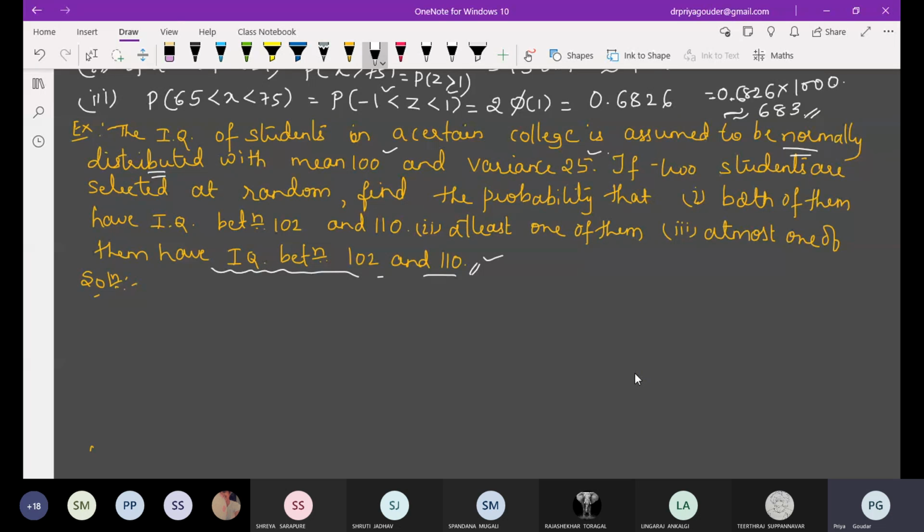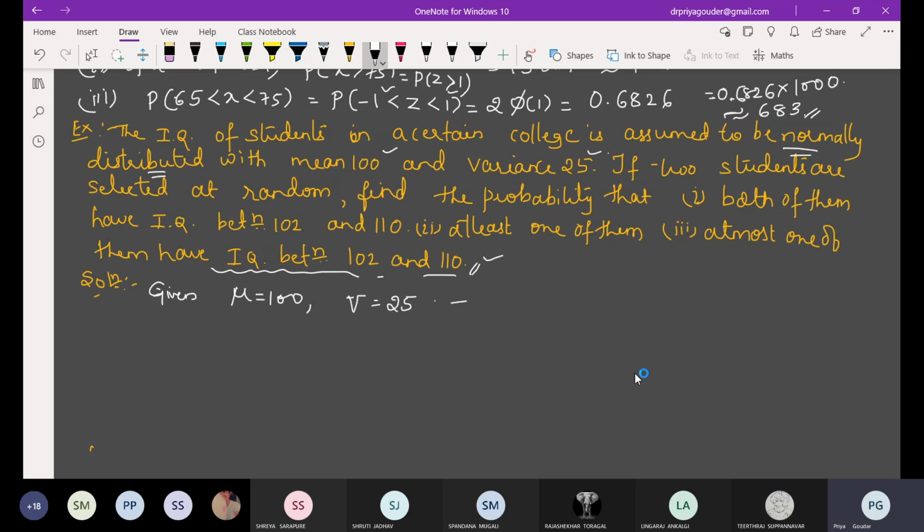So first what is to be applied is, as usual, normal distribution. Write down. Tell me what is the first thing given? What is 100 representing? Mu is 100. And 25 is representing variance. Very important. So what is required actually in normal distribution? Sigma.